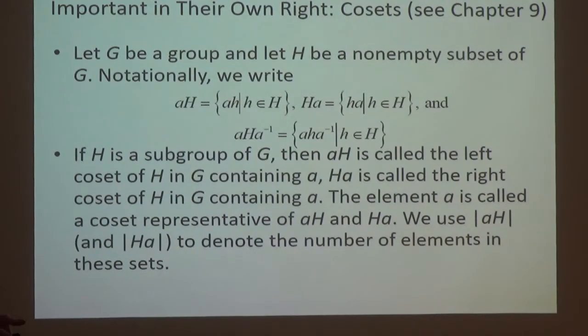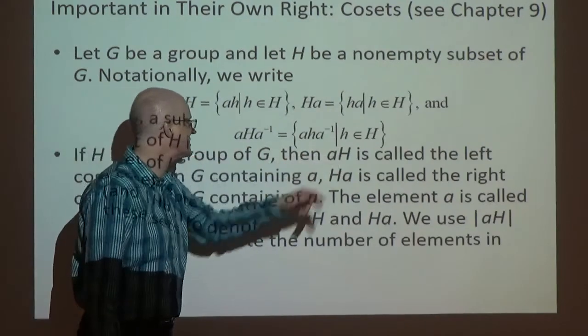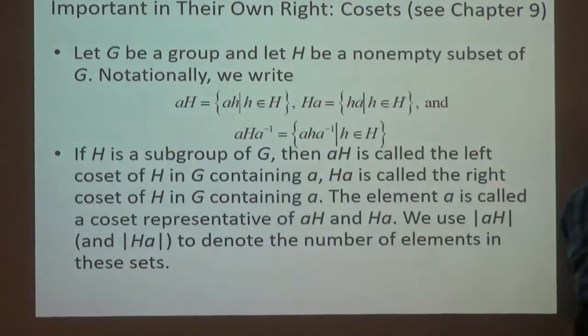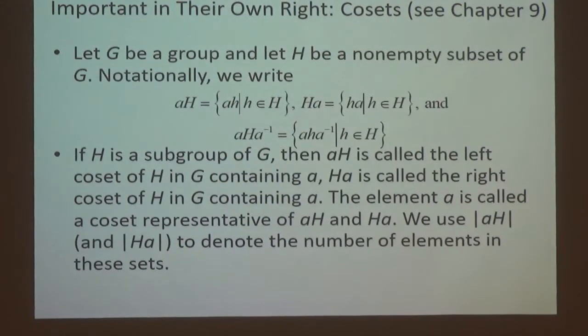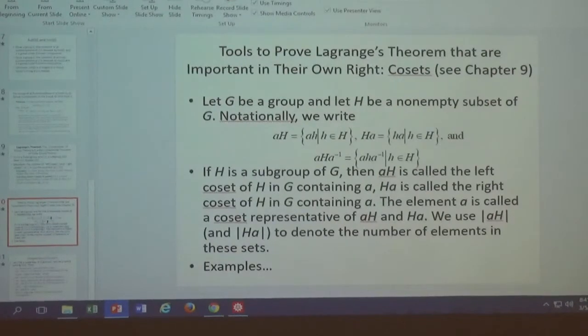In such a situation, then these things have special names, at least the first two do. aH is called the left coset of H in G containing a. Ha is called the right coset of H in G containing a. Let me make these boldface.